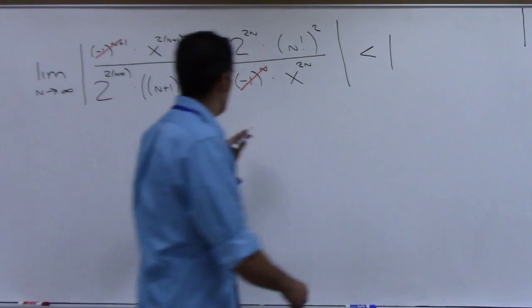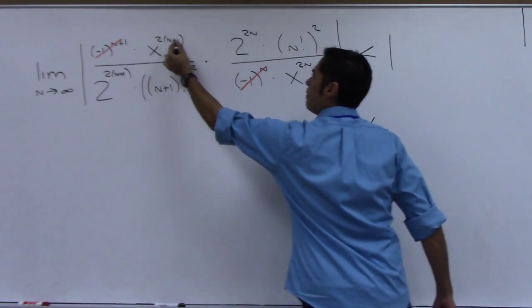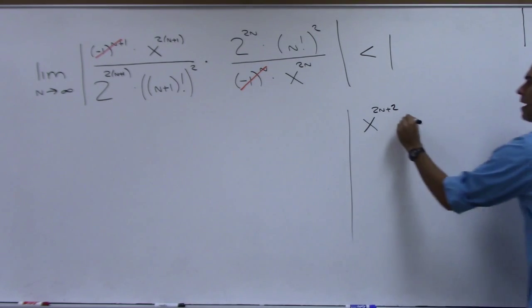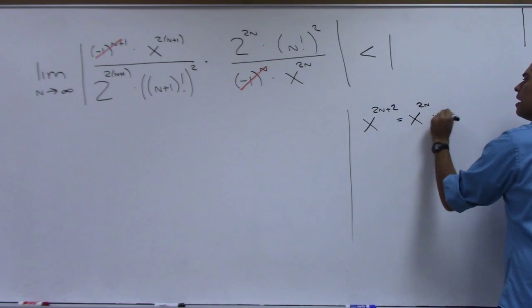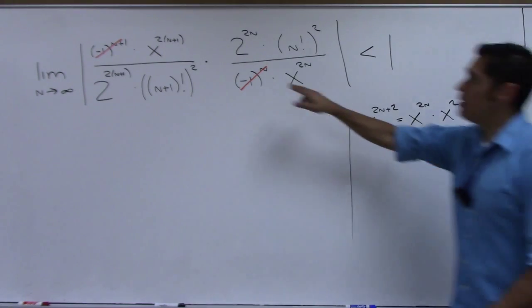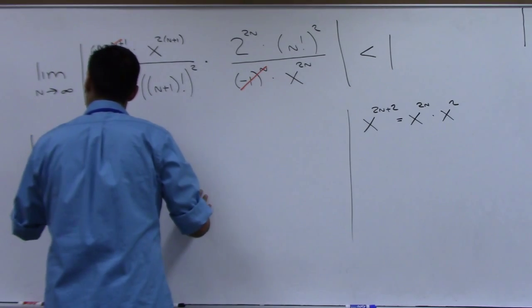And I'll do these maybe over here so we can see them. How about that x to the 2n plus 1? Isn't that x to the 2n plus 2? And that's x to the 2n times x squared. Agreed? Yes? So I'm going to rewrite that right here. Limit, n goes to infinity.